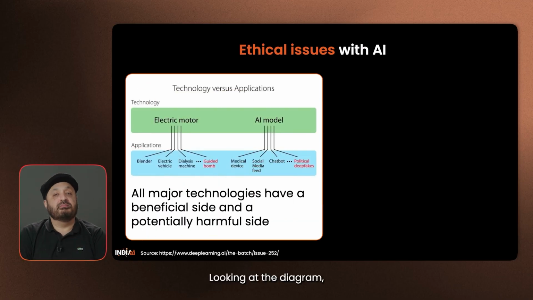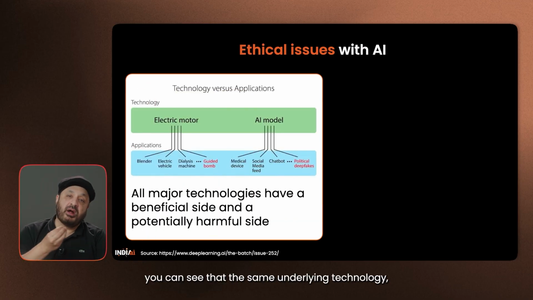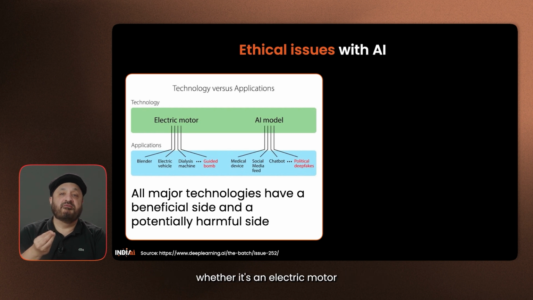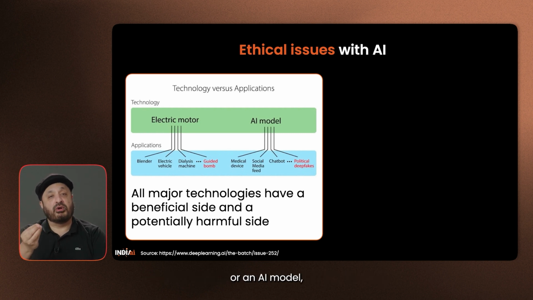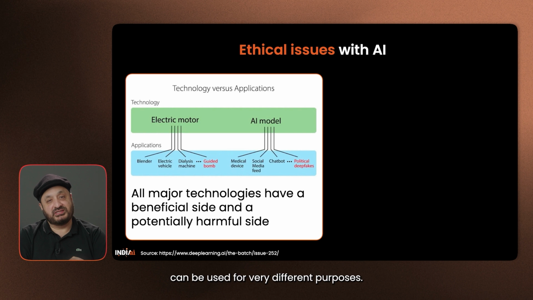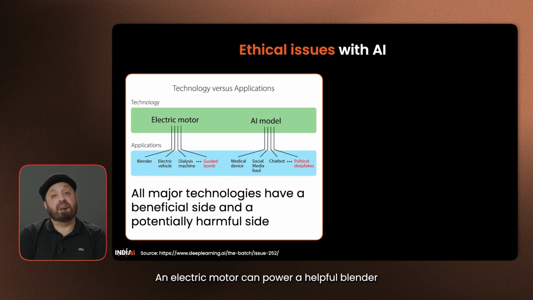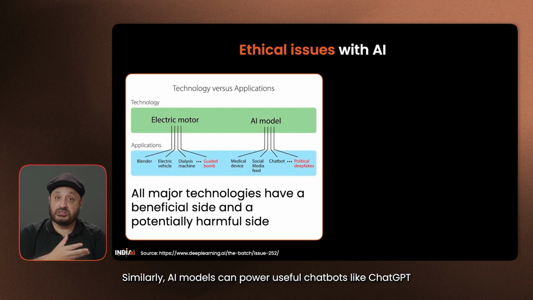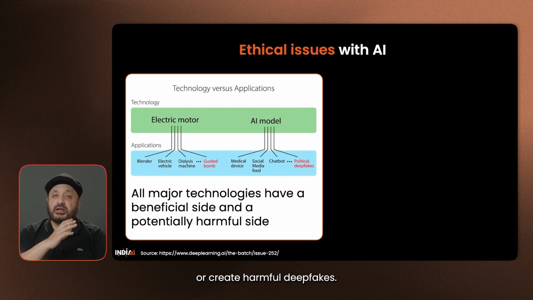Looking at the diagram, you can see that the same underlying technology, whether it's an electric motor or an AI model, can be used for very different purposes. An electric motor can power a helpful blender or a dangerous weapon. Similarly, AI models can power useful chatbots like ChatGPT or create harmful deepfakes.